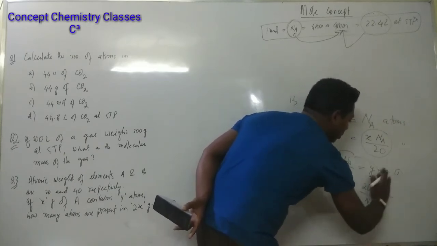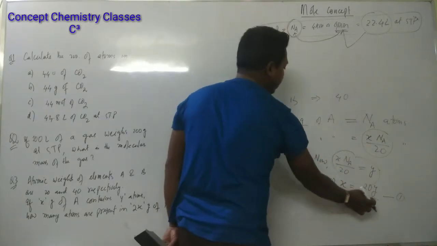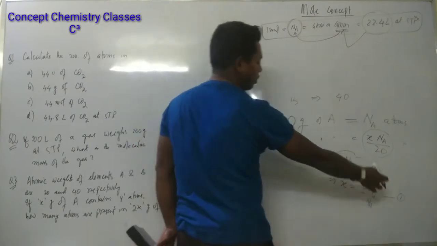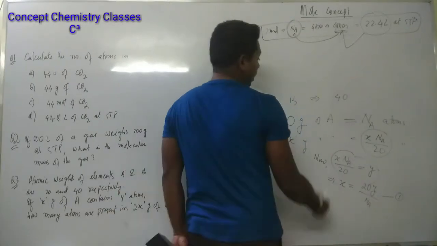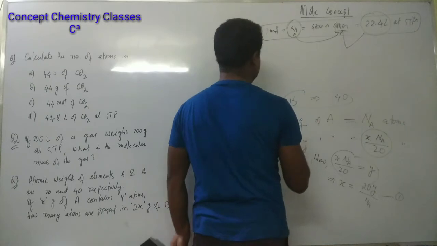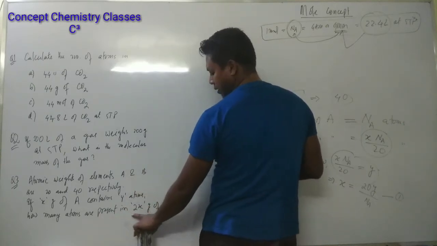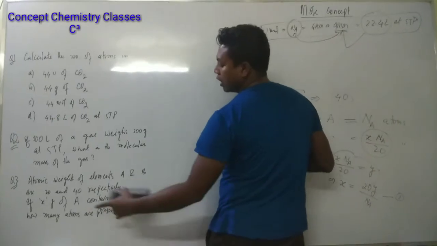This is equation number 1, because we will require this value of X in terms of Y. The question is, 2x gram of B contains how many atoms?